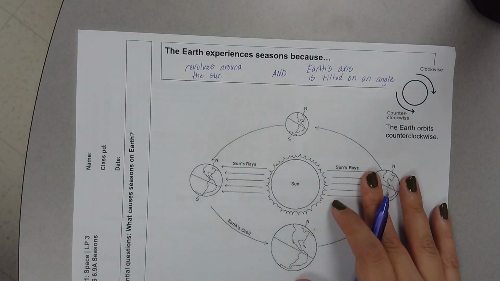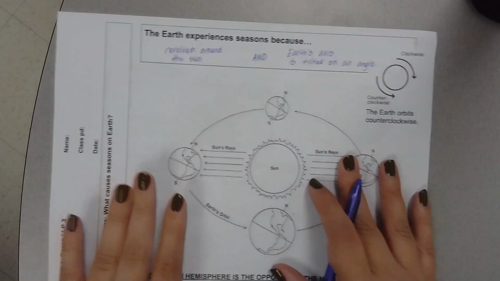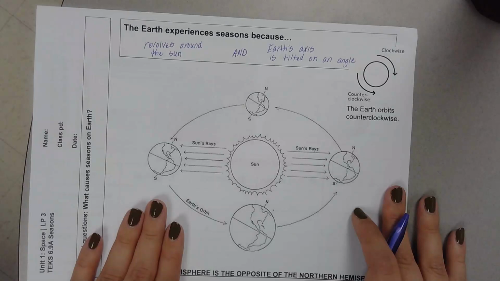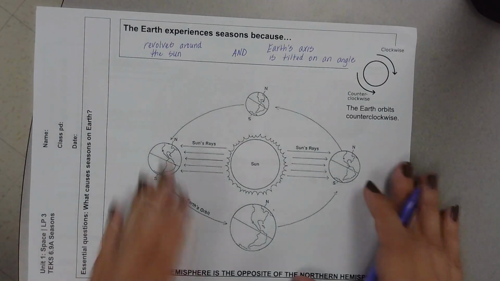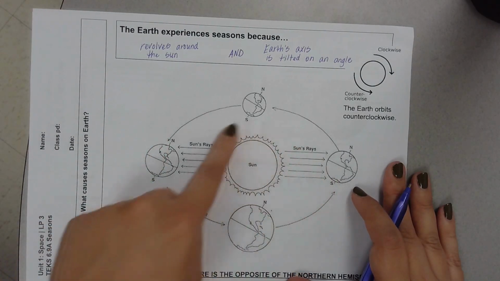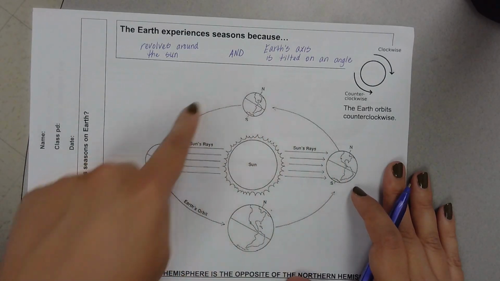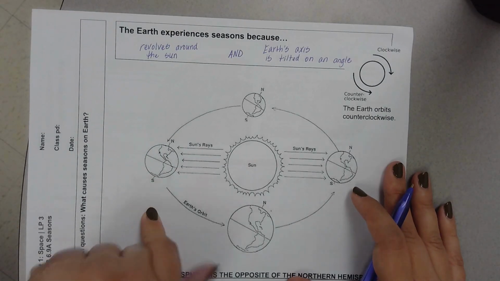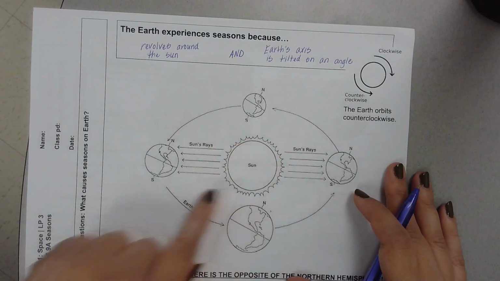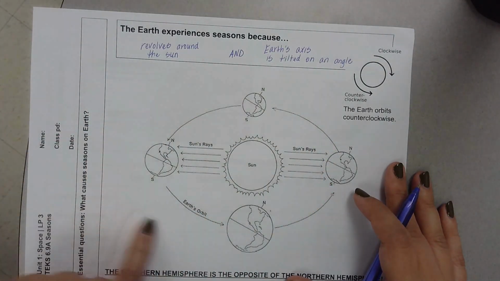That's what causes it to experience seasons. We have a diagram here of Earth with its tilted axis at 4 different locations in its orbit around the sun. One really important thing is to know that the Earth orbits counterclockwise. So it orbits to the left.